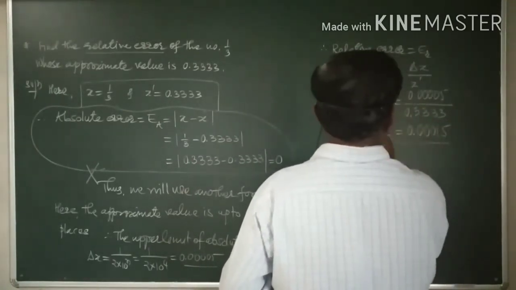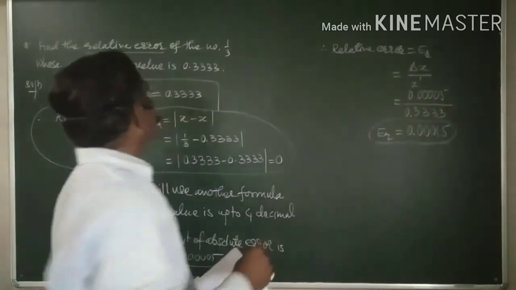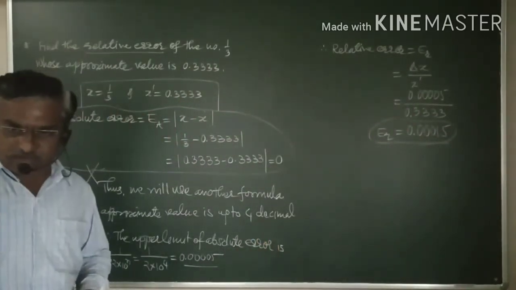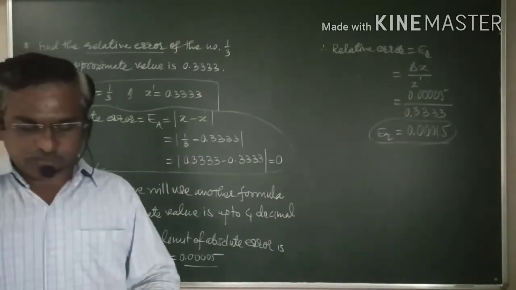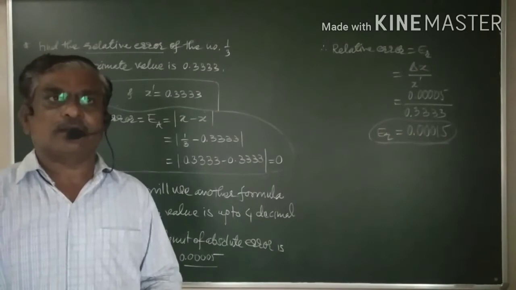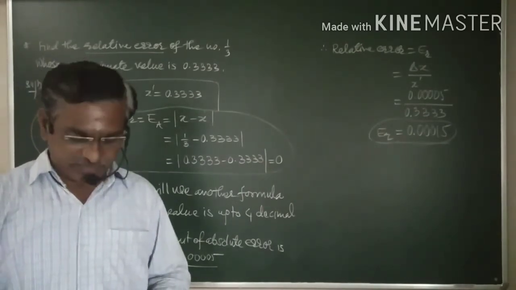Well, this is the relative error of the number 1 by 3. In this way, you can find out relative error in the number and in the argument even.